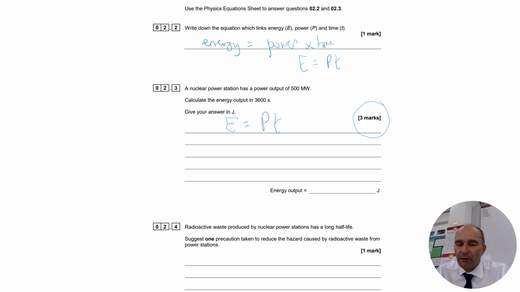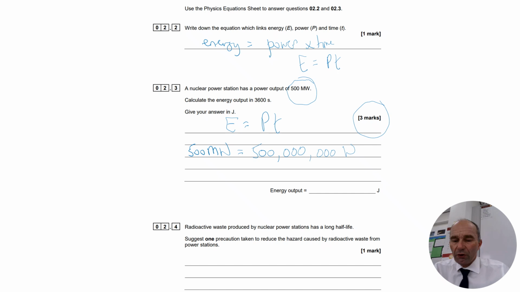Hopefully you're a bit suspicious, because that 500 megawatts needs converting into watts. Capital M means mega. Mega means we've got 1,000,000 of them. So we need to convert 500 megawatts into 500 million watts.